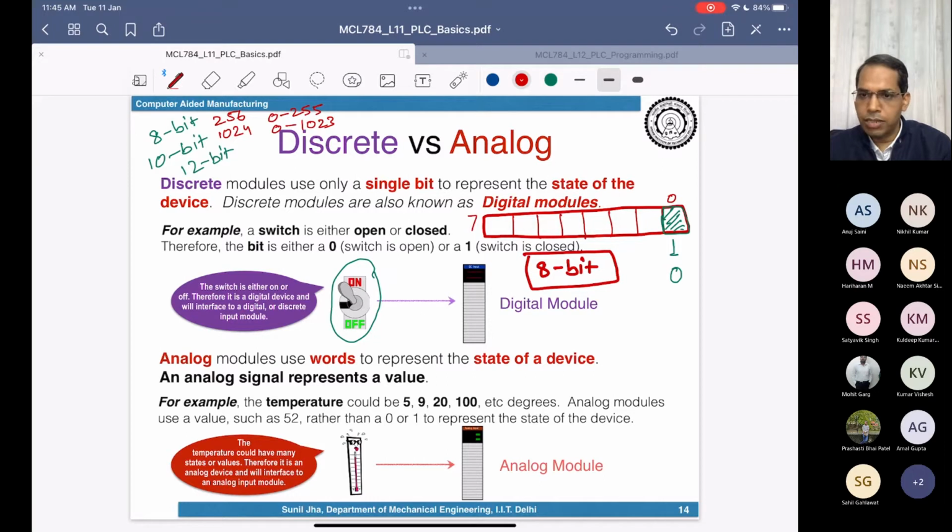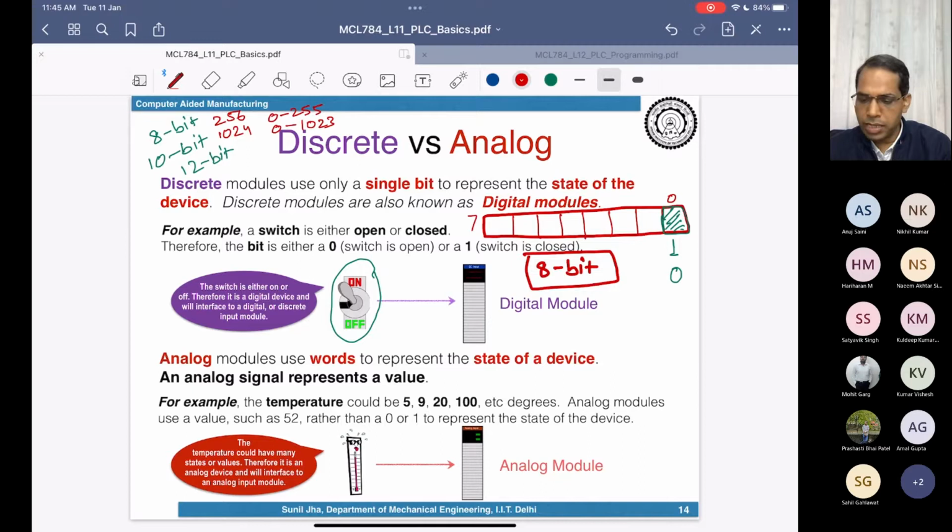Is this clear? If it is not clear, I will explain it again, but please understand how the analog will be interpreted by the controller and how the digital value will be understood by the controller. Fine. So for storing, for example, the temperature value, I need more than 1 bit.